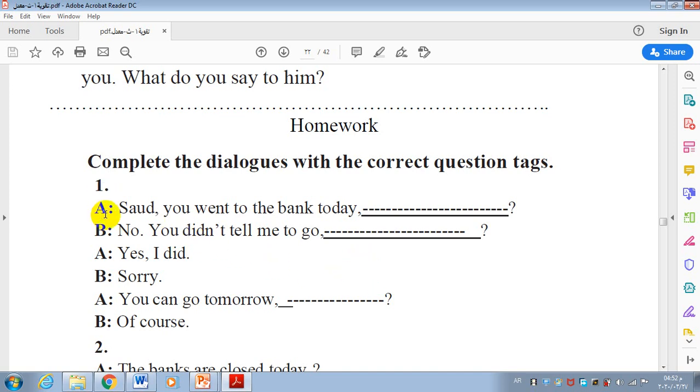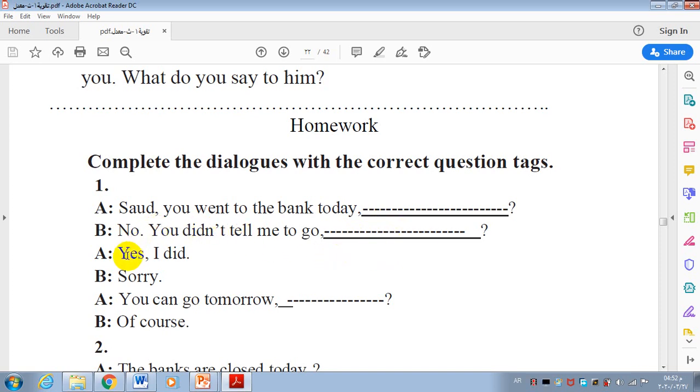Number 1, A. Saud, you went to the bank today. What is the question tag for this sentence? B. No, you didn't tell me to go. What is the question tag for this sentence? 2.